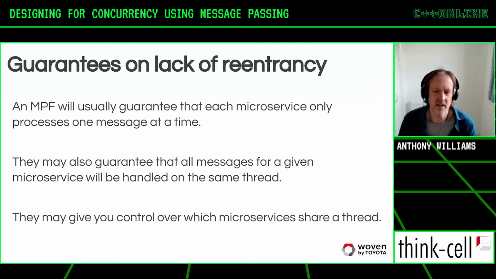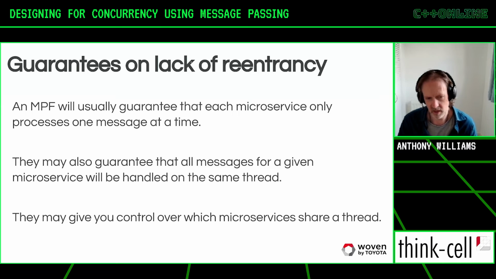And then there's a final thing. The framework might, rather than having a dedicated thread for each microservice, have a thread pool, in which case it might give you control over which subsets of microservices share a thread, because if they do share a thread, then you can't have a function from service A running at the same time as a function from service B, and that may or may not be important.